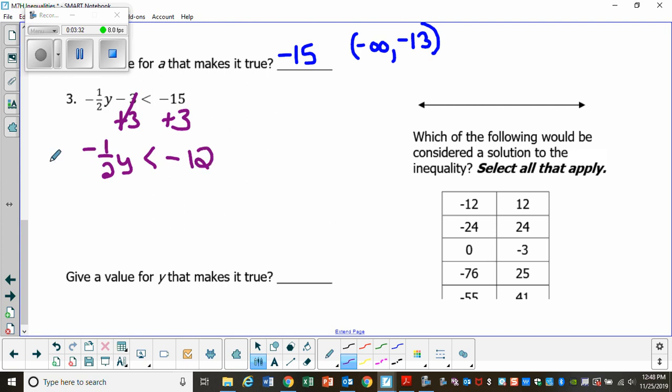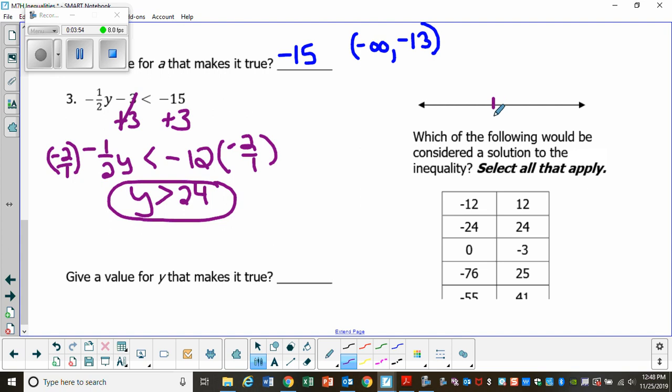And to get rid of the negative 1/2, we're going to multiply by negative 2 over 1, which is the reciprocal. We're going to do that on both sides. And we're going to get y is, now we're going to flip, greater than, and negative 12 times negative 2 is positive 24. So y is greater than 24.